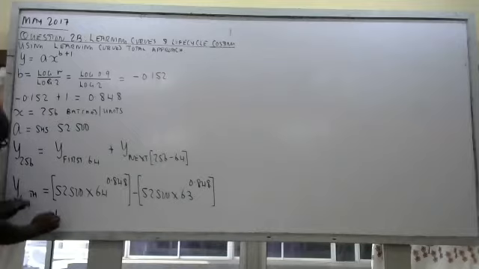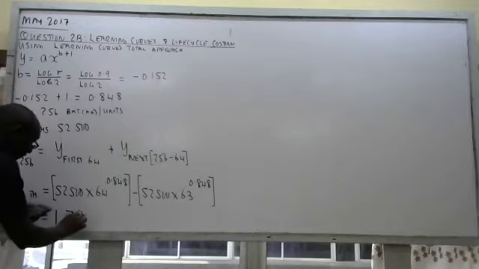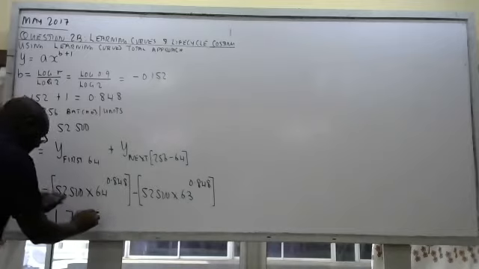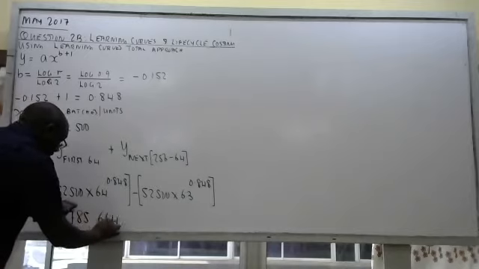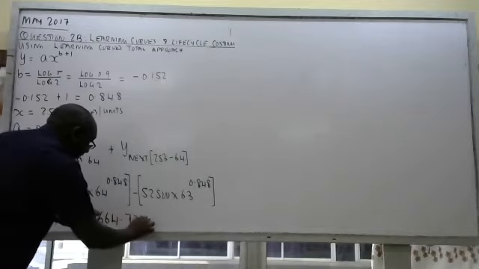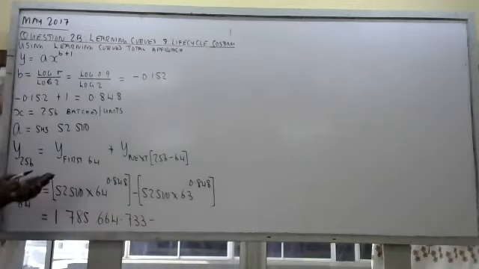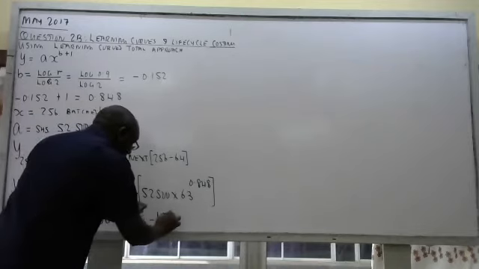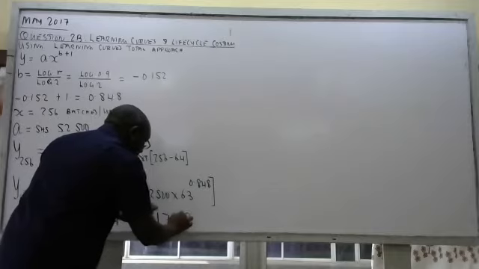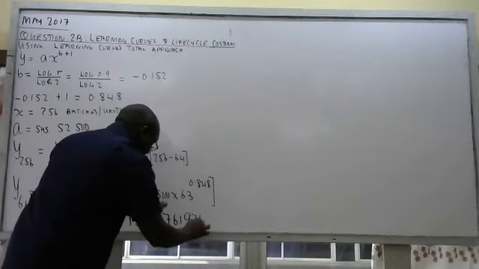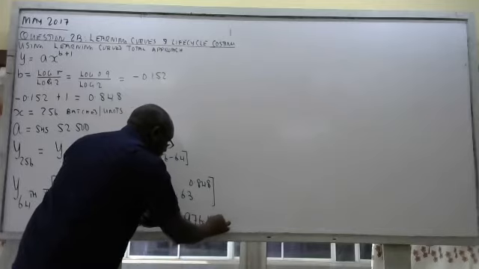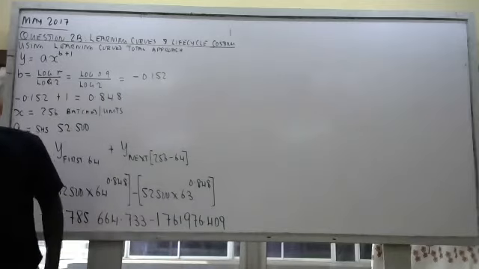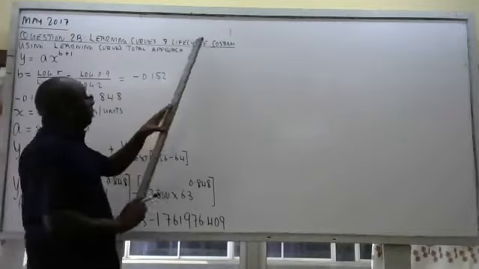I'm getting 1,785,664.733 minus 63 raised to power 0.848 multiplied by 52,500, which gives 1,761,976.409.